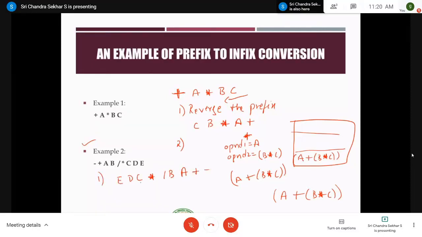So C star D, and after this comes E divide. After that we have B and A. Above B and A we have plus, that is it becomes A plus B, and after that we have minus. So it took less than 1 minute for me to solve this example. The direct answer is given.